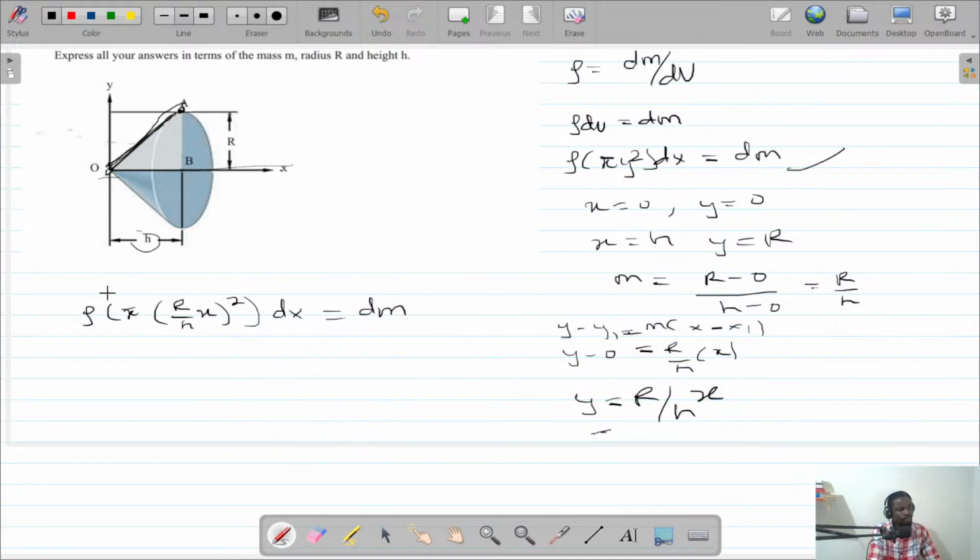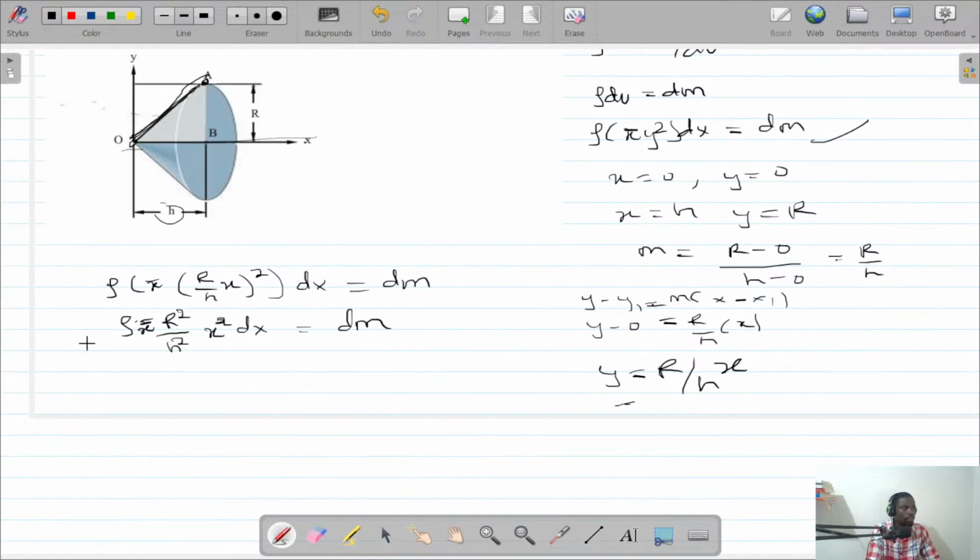If we expand this, we have rho pi r squared on h squared x squared dx equals dm. From here we just integrate both sides. The limit of x is from 0 to h, and dm is just from 0 to the mass m.